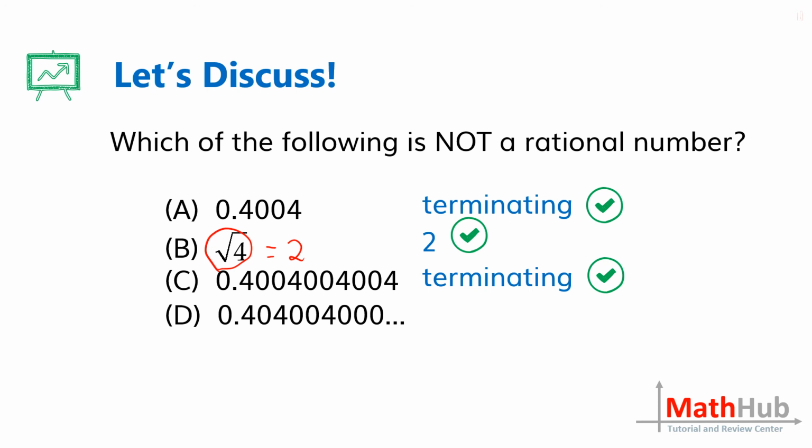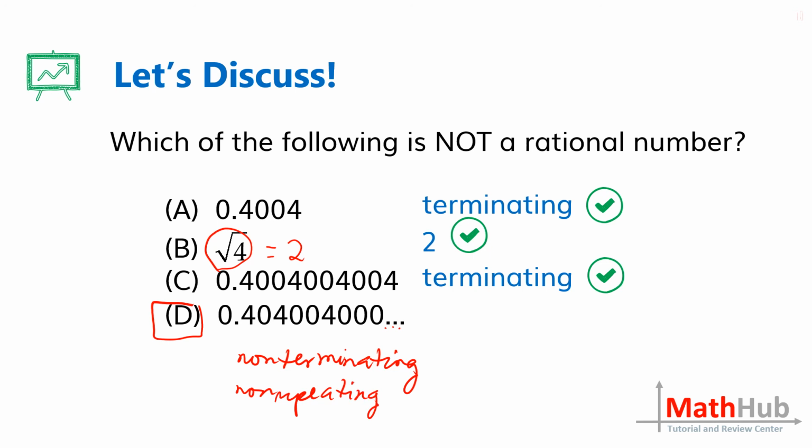That leaves us with letter D. So letter D is the answer. But still, let's see why that is irrational. As you can see here, we have these three little dots, meaning to say it is non-terminating and also non-repeating.